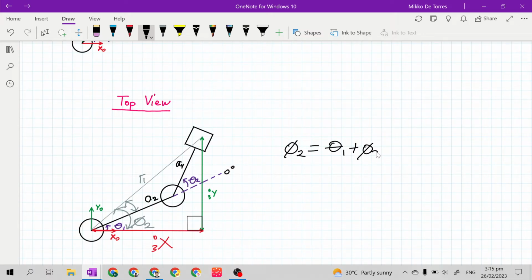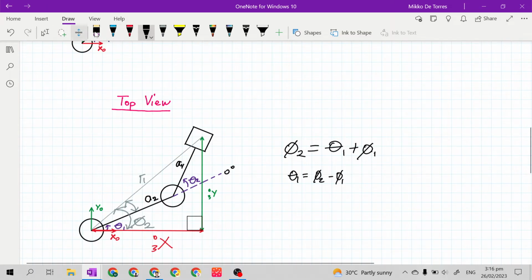If we arrange this to solve for theta 1, this will become theta 1 is equals to phi 2 minus phi 1. So we need to find what is phi 2 and what is phi 1. We will put this inside a box because this is an equation.